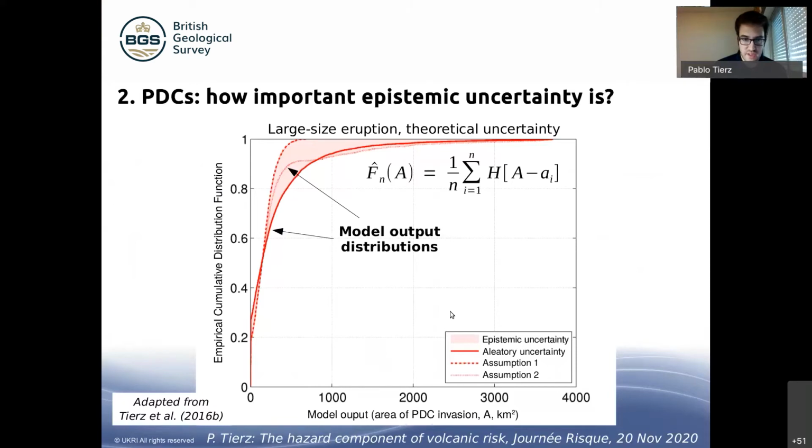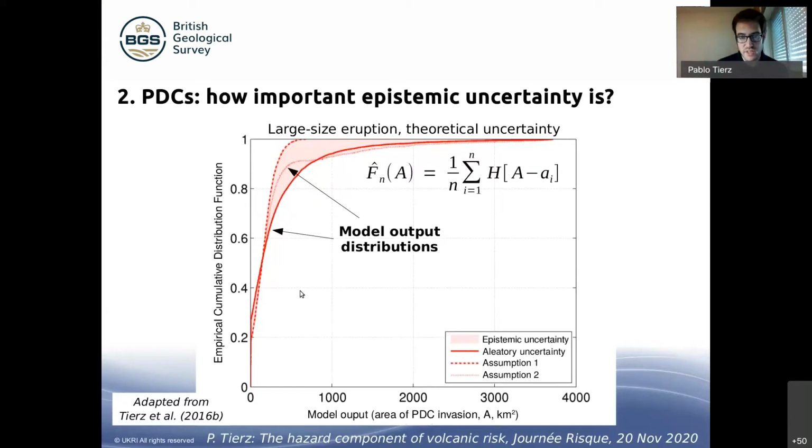So what we did here: in the solid curve, I'm showing the model output, in this case the area of PDC invasion, as the empirical cumulative distribution function. The solid line represents the aleatory uncertainty for the large size, as we were seeing before, and the other cumulative distribution functions show different assumptions, in this case in terms of the possible relationships, direct or inverse, between the model parameters.